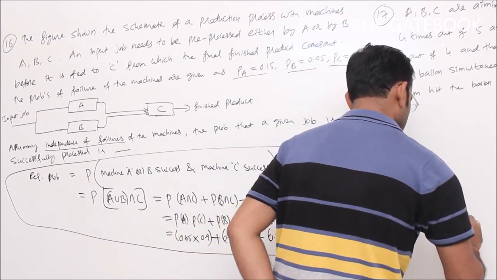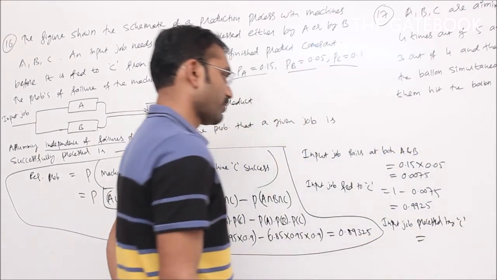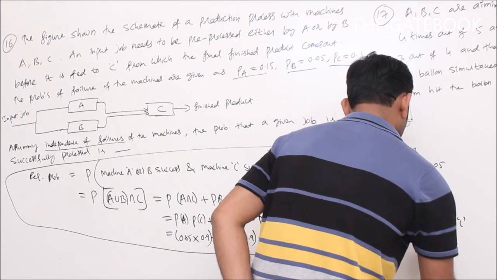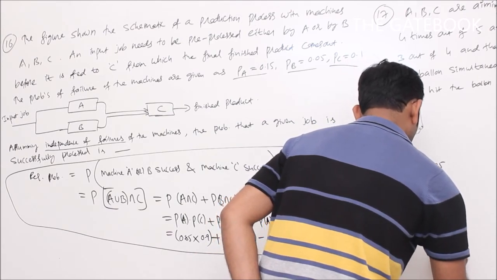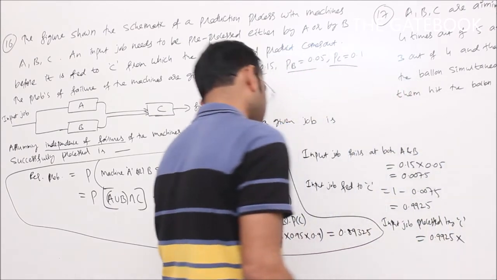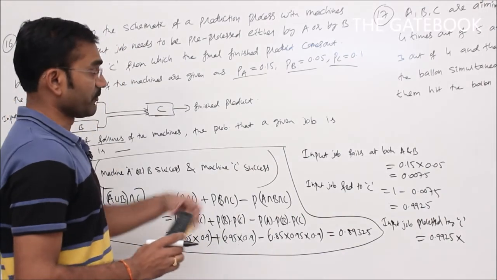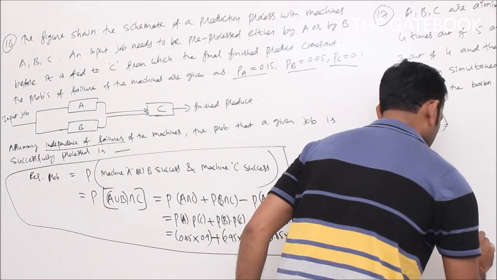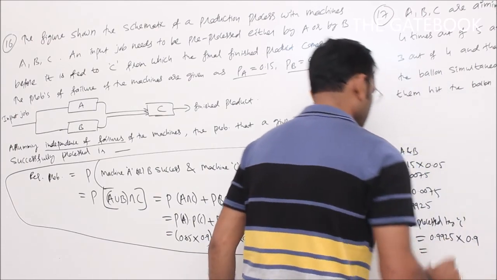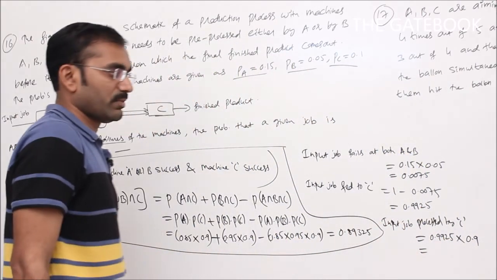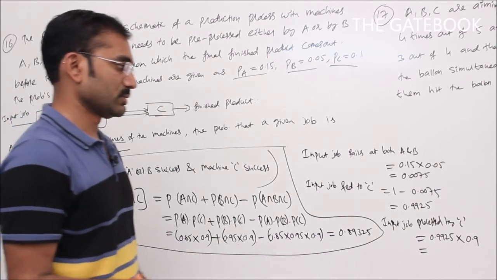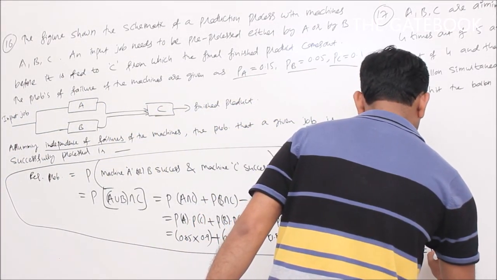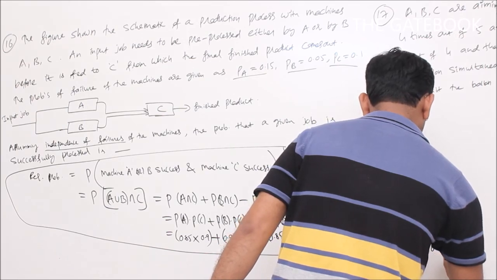The input job processed by C is given by 0.9925 into the success at C. The failure at C is 0.1, so the success at C is 0.9. So multiply with 0.9, and that will be the required probability that the input job is processed by C. Simplifying this again gives 0.89325.